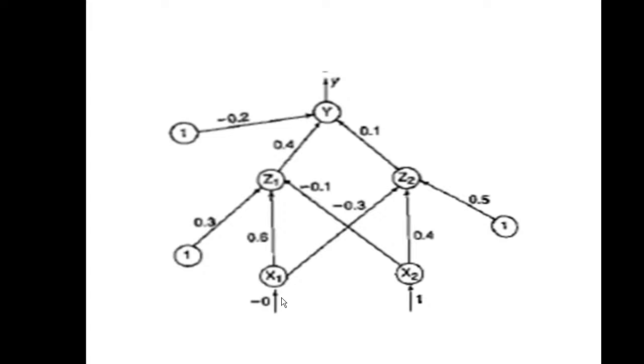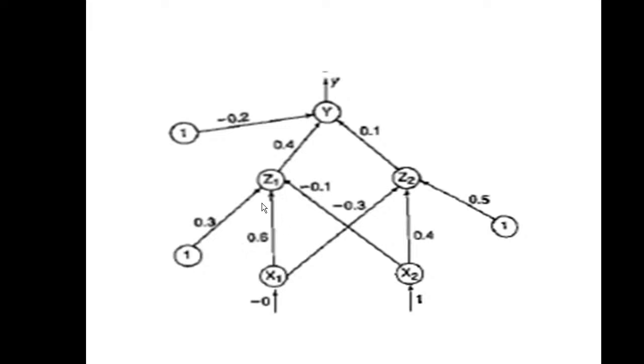What does V11 mean? From x1 to z1 we denote the weight by V11. The subscript of the input unit is taken first, and then the subscript of the hidden layer unit. So this is V11, and V11 is 0.6.